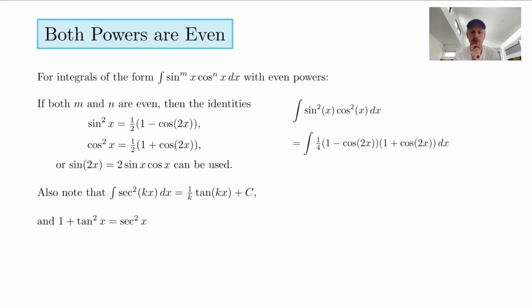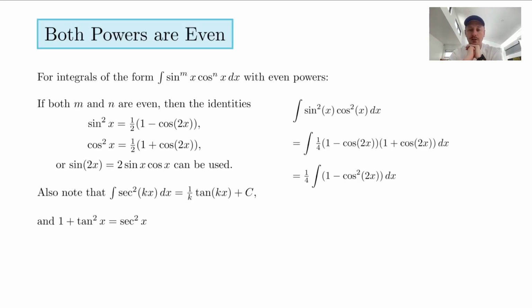The cos²x part becomes a half multiplied by (1 plus cos 2x). We get the half in both situations, so it becomes a quarter out the very front. I encourage you to think about what we might do from here. (1 minus cos 2x) multiplied by (1 plus cos 2x) should sound quite factorizable as a difference of perfect squares.